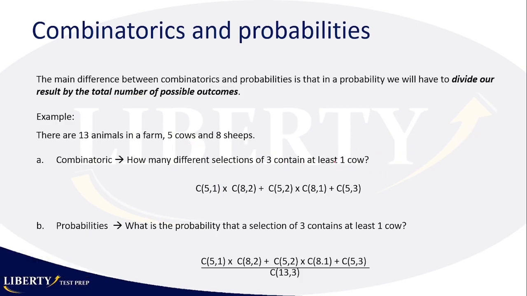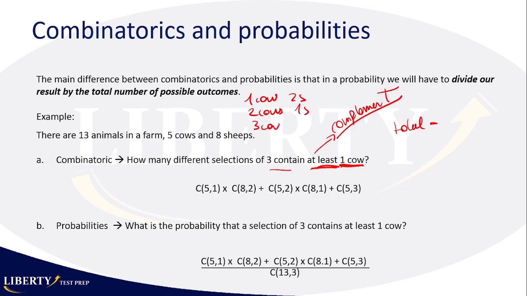Okay, now when they say at least one, as I've mentioned, the easiest way to go about this would be to go through the complement, right? Complement would be the total minus the negative. In this case, the negative is not containing at least one cow. What does at least one cow mean out of 3? It means 1 cow, 2 sheep; 2 cows, 1 sheep; 3 cows, 0 sheep, right?